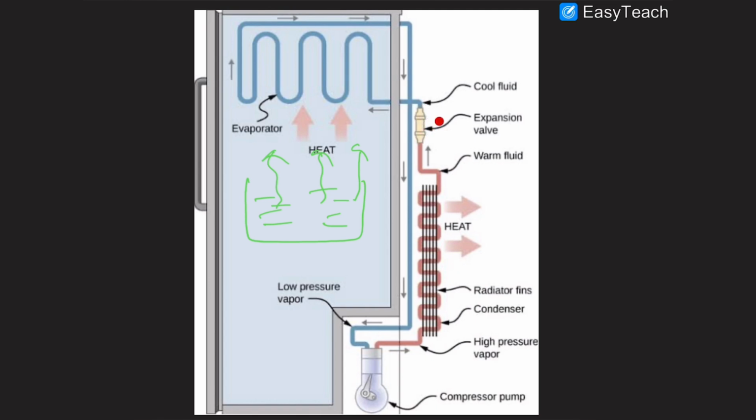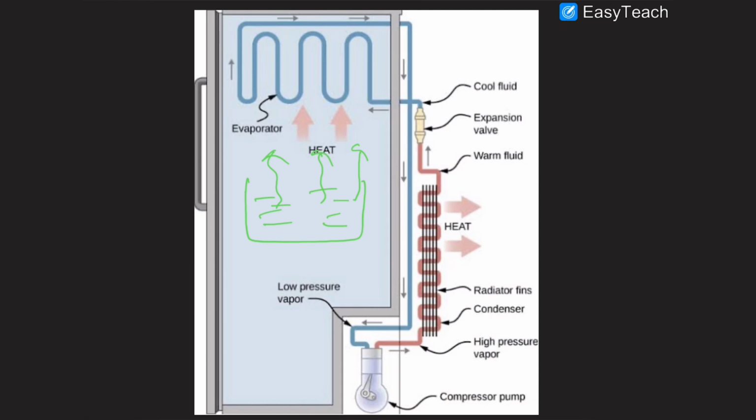This expansion valve is a coil type structure, and what this coil does is decrease the pressure of the warm liquid, and due to the decrease in pressure, its temperature also decreases at constant volume. So it becomes a cool fluid, and that cool fluid passes through these fins inside the refrigerator, which are called evaporator coils.